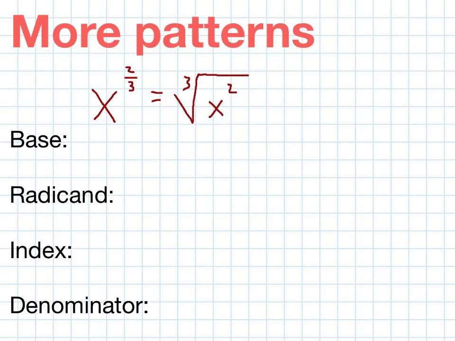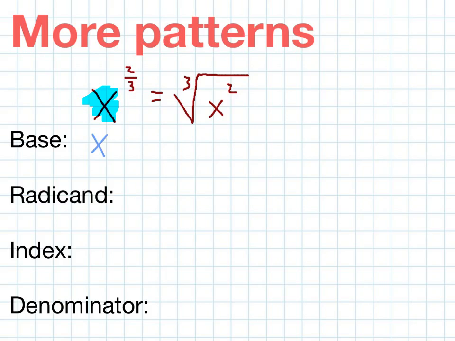Let's look for some more patterns. Again, let's use the same questions. So first of all, what's my base? Base is here, so my base is x. What's your radicand for this question?